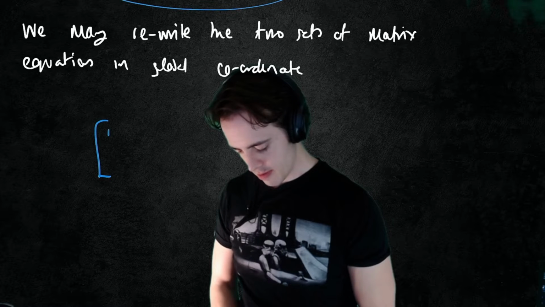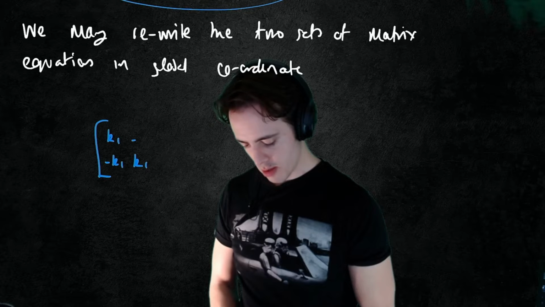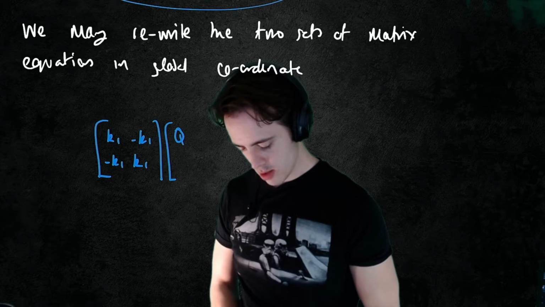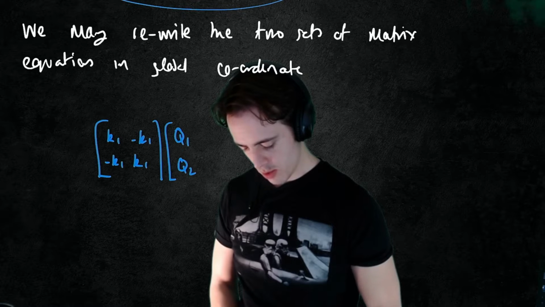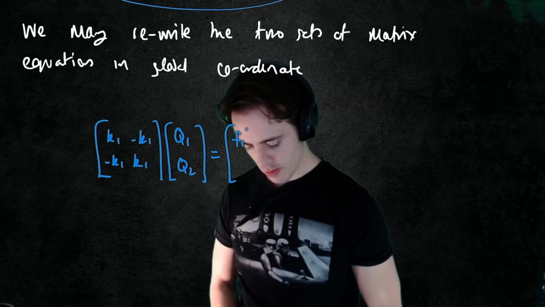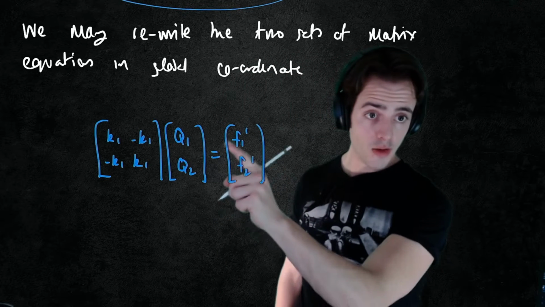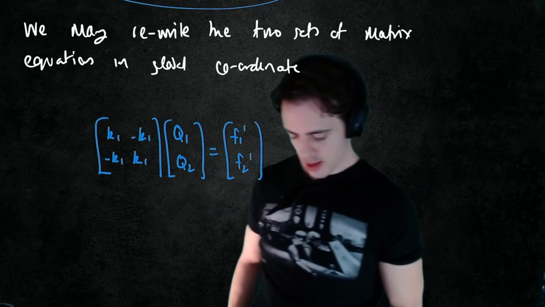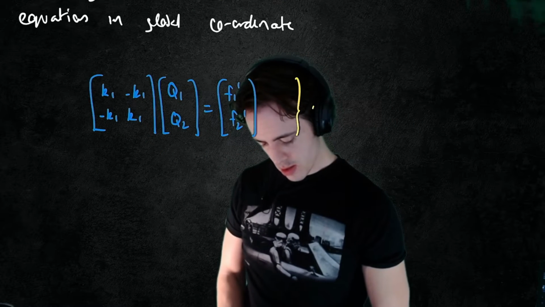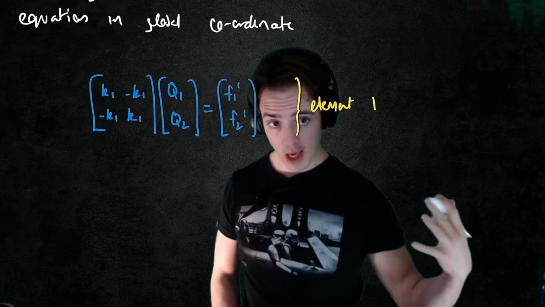So we have K1, K1, minus K1, minus K1, times Q1, Q2, is equal to F11, F21. So all we've done is taken the expressions of Q1 and Q2 and put them in here. Okay, this is for element 1. And we can do the same thing for element 2.